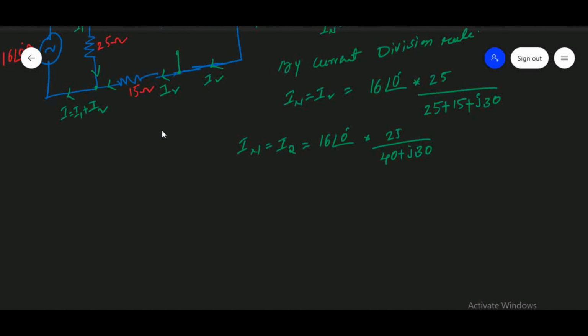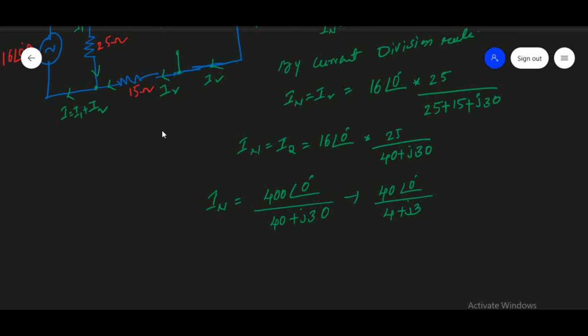Here you can write IN is equal to 400 with an angle of 0 degrees by 40 plus j30. Dividing by 10, you get 40 with an angle of 0 degrees by 4 plus j3.